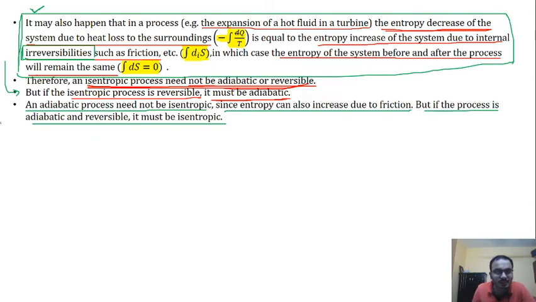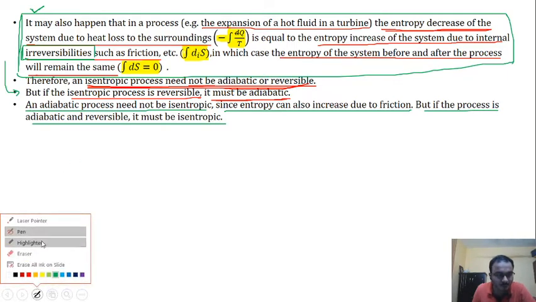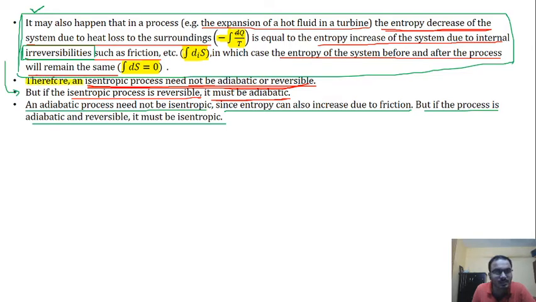So these are very important parts. The statements which are written over here are very important, and you should be very careful with this.